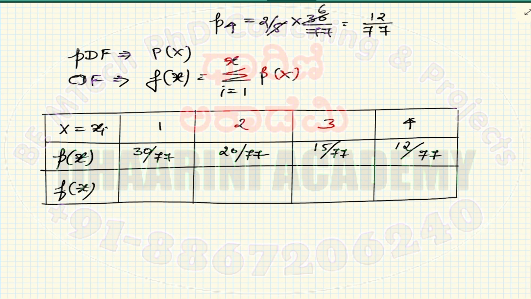When we write f of x, we just have to add all the p of x before that value, so before and equal to that value. Here there is no previous value, only the present value exists, so this becomes equal to 30 by 77.